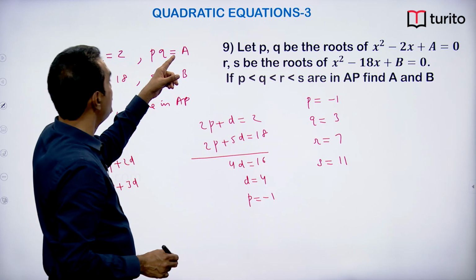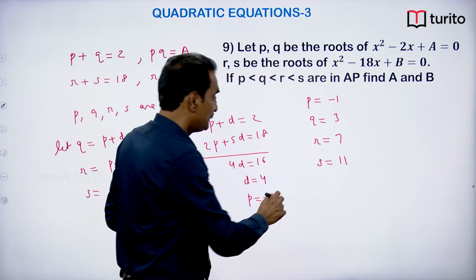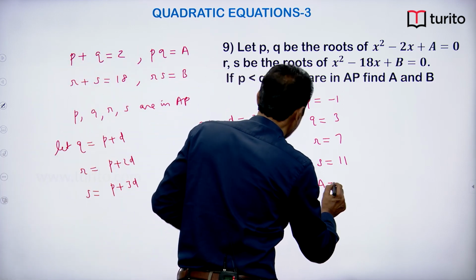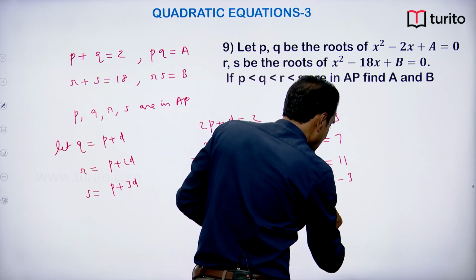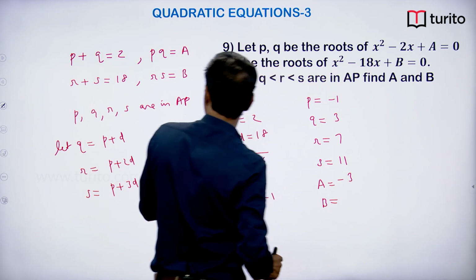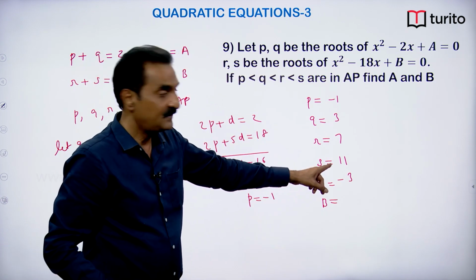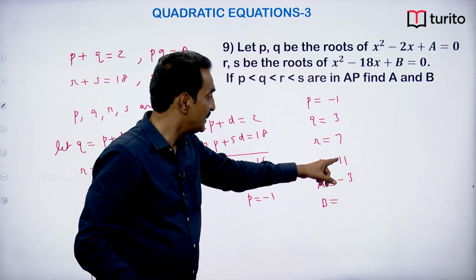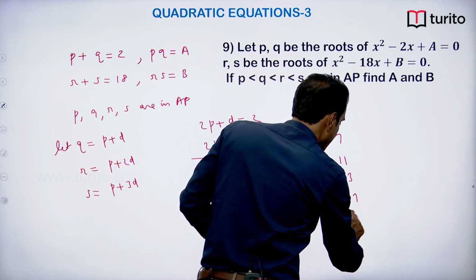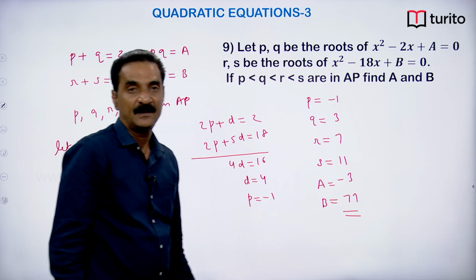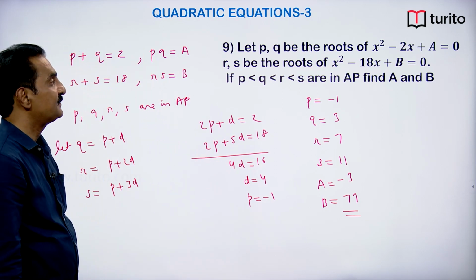Then what are A and B? A is equal to PQ, P into Q is minus 3. Capital B is equal to R into S, that is 7 into 11, 77. Okay. Next question.